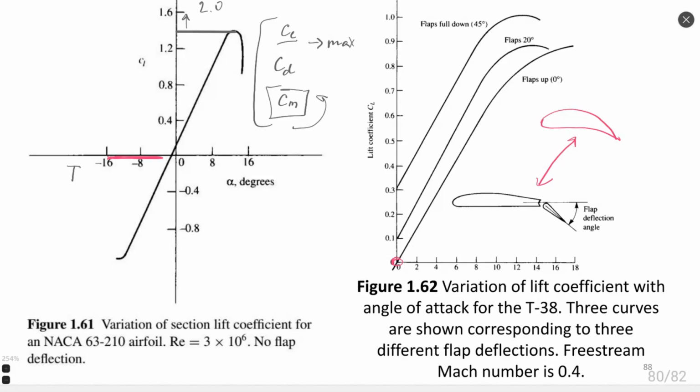For example, this cambered airfoil, which we will study in future, looks very similar to an airfoil with a flap deflection angle, right? The purpose is the same. We have some part of the airfoil which generates very good performance, lift to drag ratio, and we have a very small part called flap to generate additional lift. With this angle of flap deflection, we also control the level of lift coefficient.